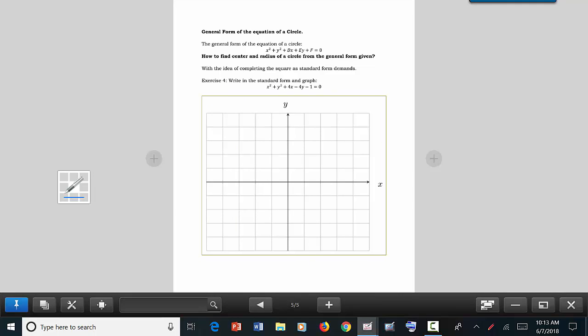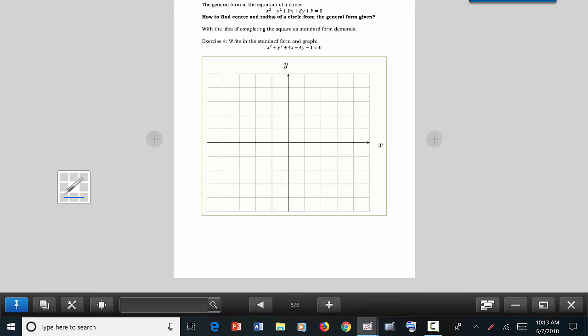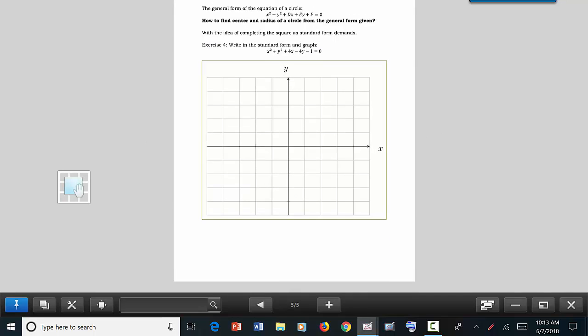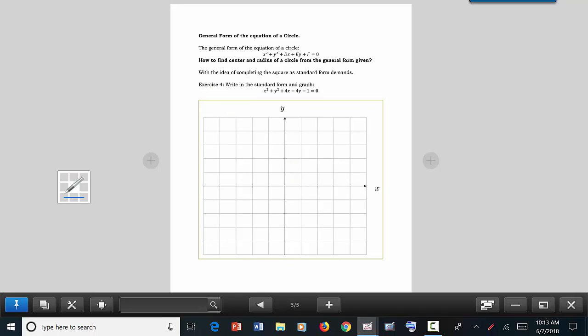Now here, if we have the equation given in this form, how do we write that equation in standard form? We have to graph it also. If you notice, we want (x minus something) squared plus (y minus something) squared. So basically we have to complete the square.